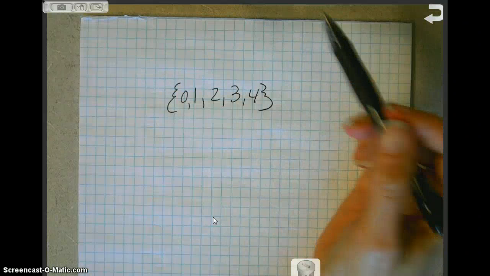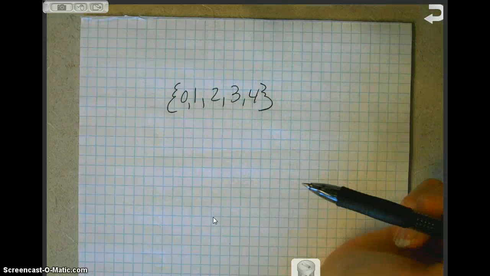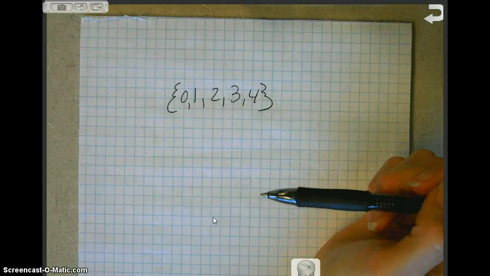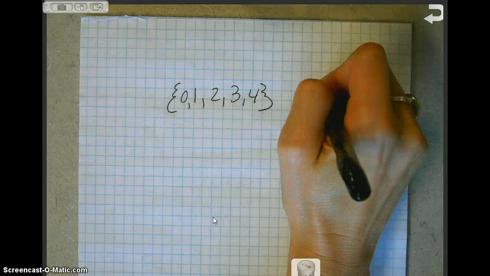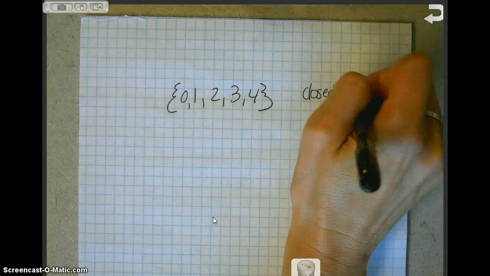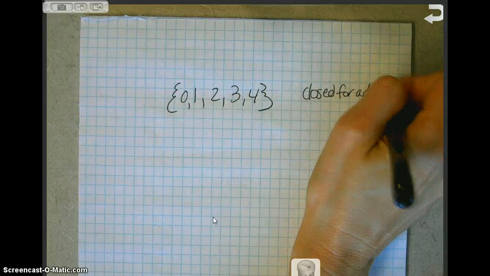That means you can take a couple of these numbers here, and they can be repeated, and you add them together, okay? Closed for adding. And that's a question.